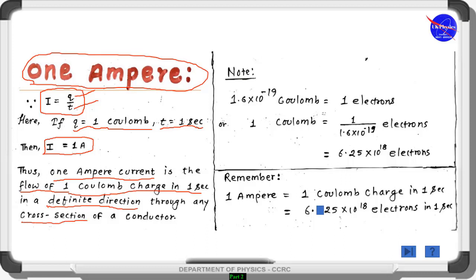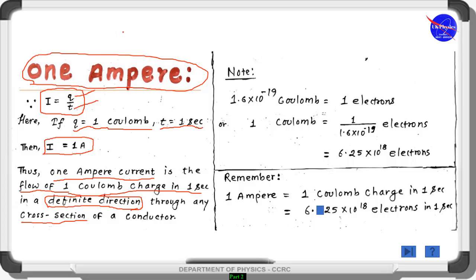Here the definite direction means a particular direction. Current always flows in a particular direction. For example, in a battery, the current always flows from the positive terminal of the battery to the negative terminal of the battery.